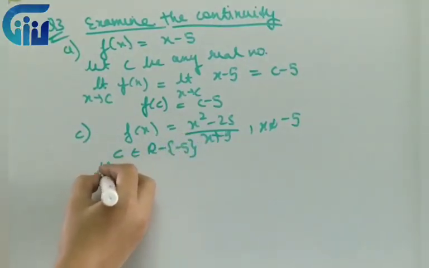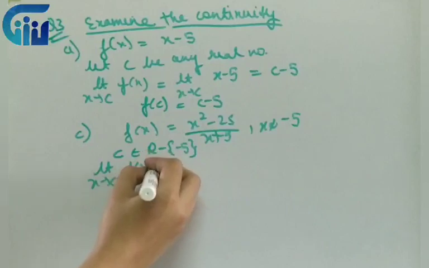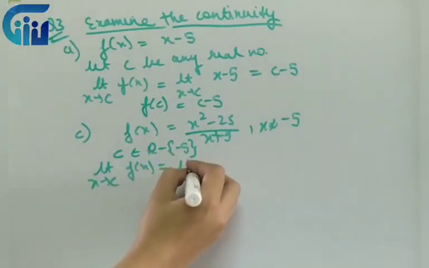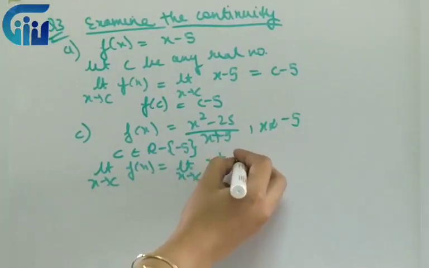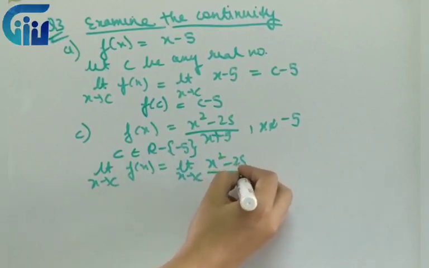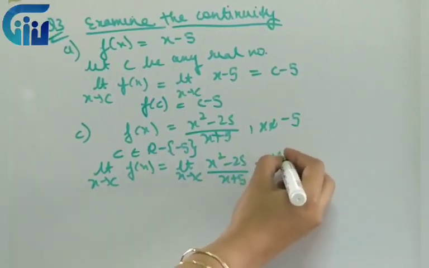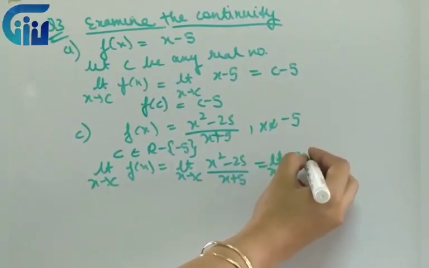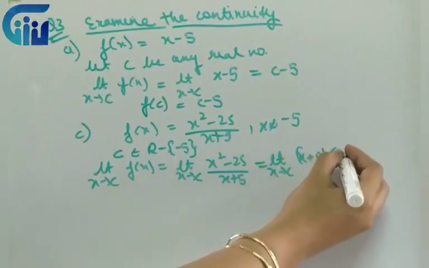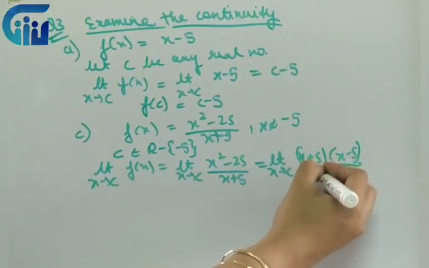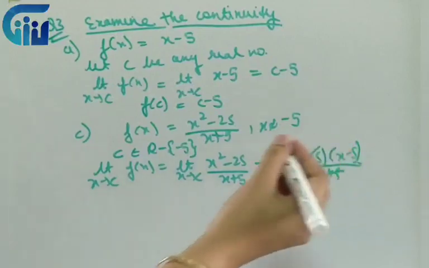So c is any real number except minus 5. Again we will take the limit x tends to c of f(x), limit x tends to c of x square minus 25 upon x plus 5, which if I solve, I will get limit x tends to c of (x plus 5)(x minus 5) by applying the formula of a square minus b square. I will cancel and get x minus 5.